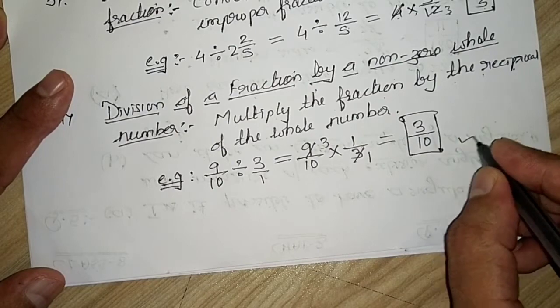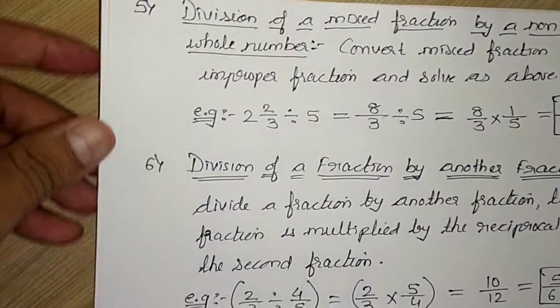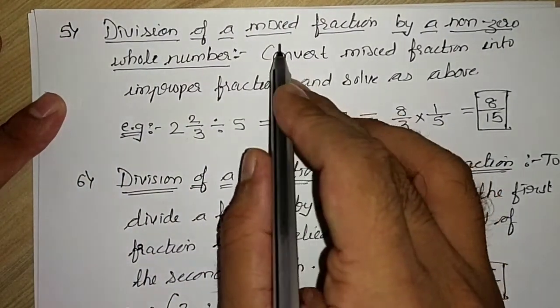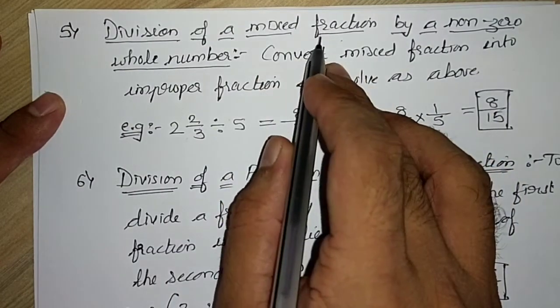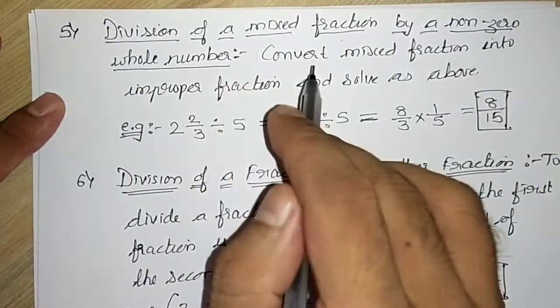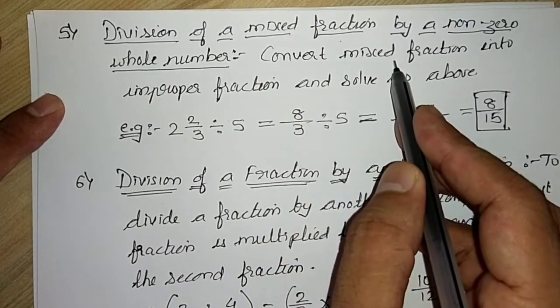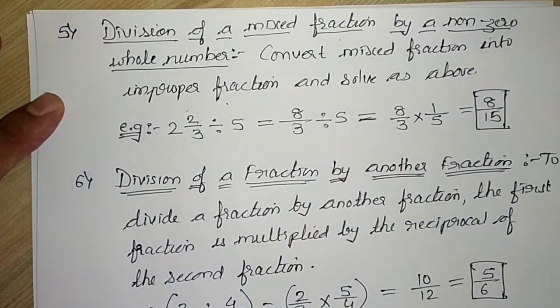This is our answer. Now let us move to the fifth part. In fifth part we will see division of a mixed fraction by a non-zero whole number. First we have taken the proper fraction, now it is mixed fraction. Same way we will convert first mixed fraction into improper fraction and solve as we have solved above.